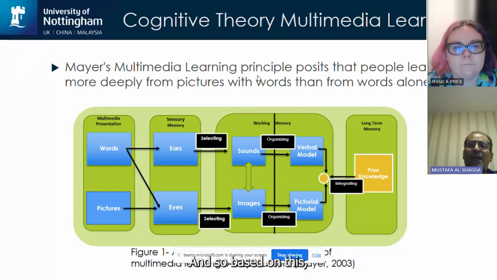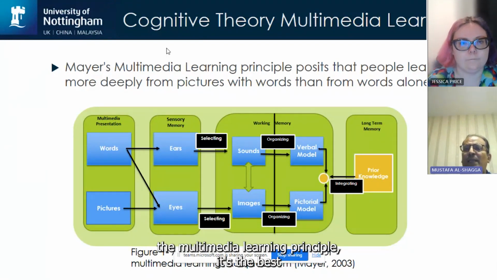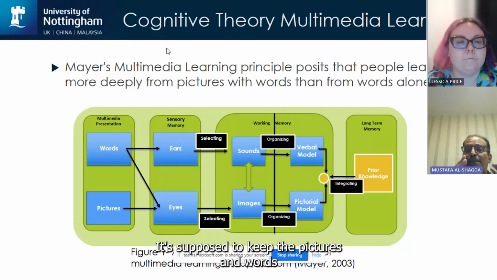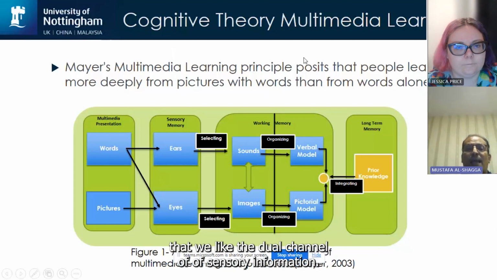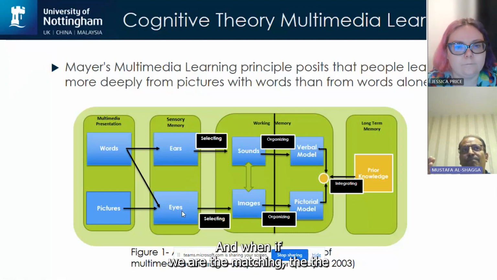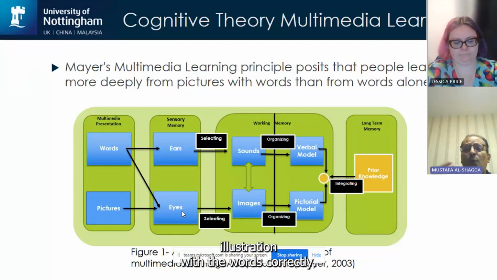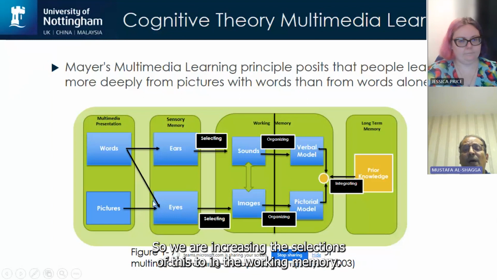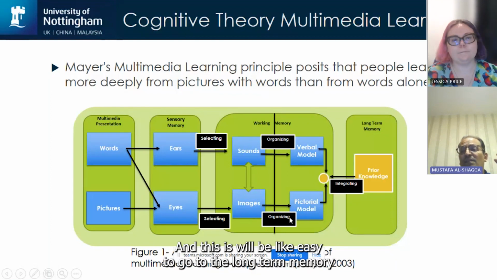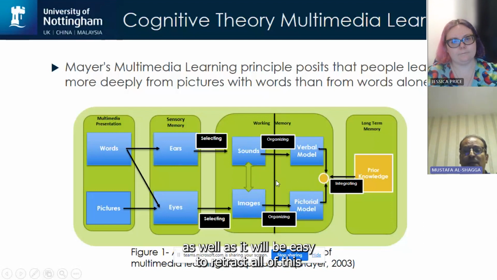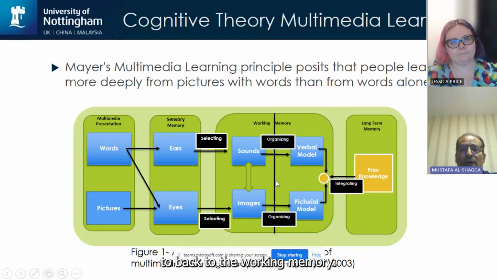Based on this, the multimedia learning principle says the best material or learning design is supposed to keep the pictures and words together, like a dual channel of sensory information. If we match the diagram or the illustration with the words correctly, we increase the selection of these in the working memory, and this will make it easier to go to the long-term memory, as well as easier to retrieve back to the working memory.